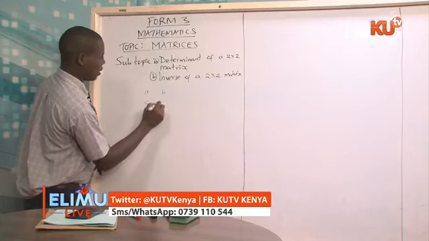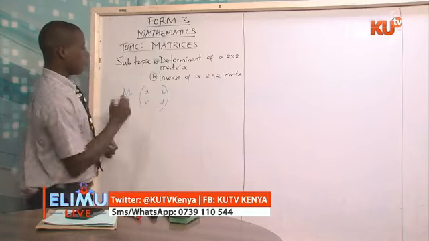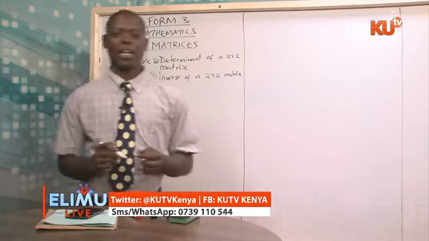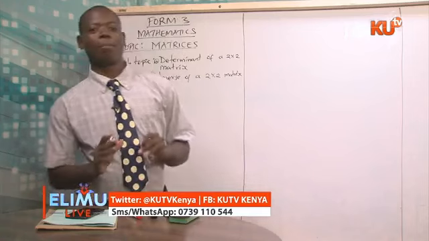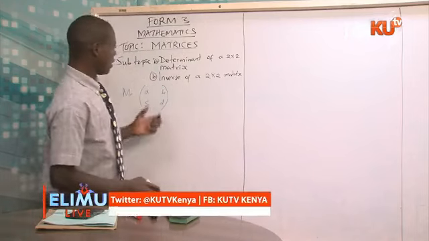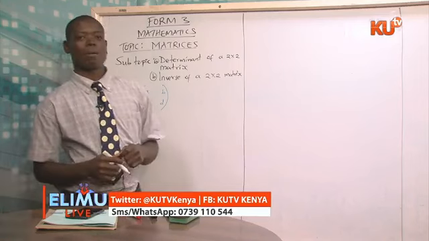For instance, if I have this as my matrix M, A, B, C, D are what you are calling elements. They are simply the characters of this matrix, and these elements have been arranged in what we call rows and columns.